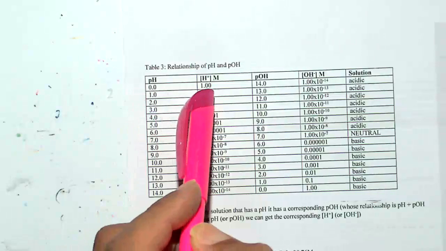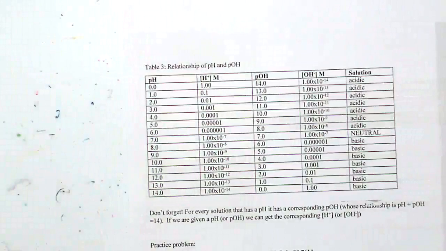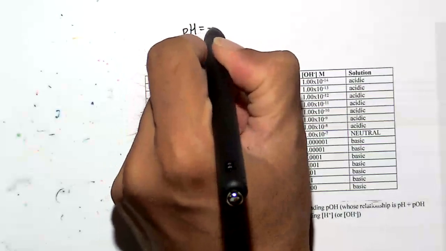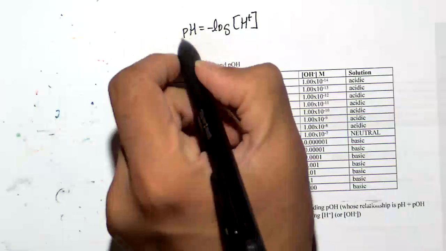If your pH is 0, your H plus concentration is 1. How did they get that? pH is equal to minus the log of the hydrogen ion concentration.